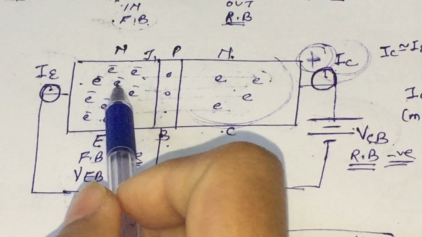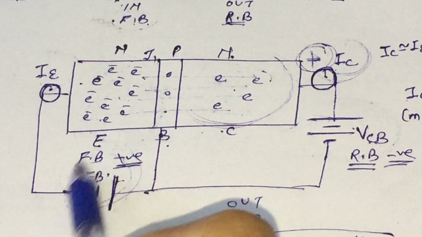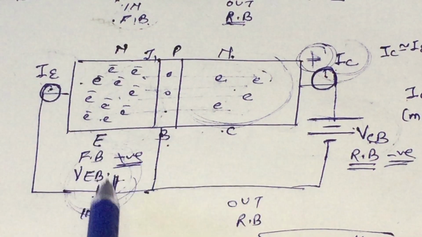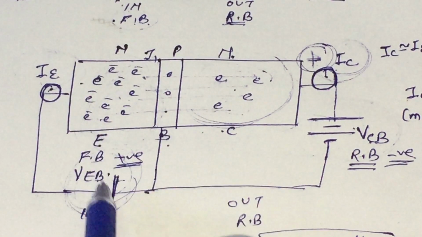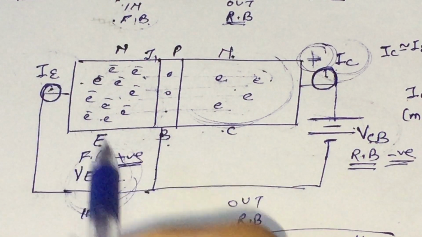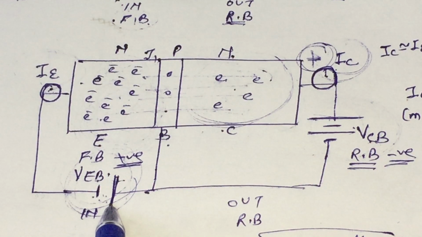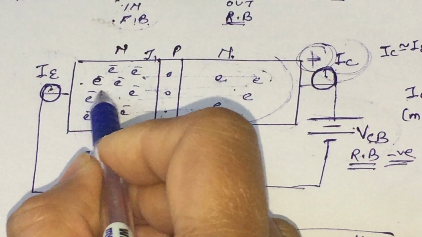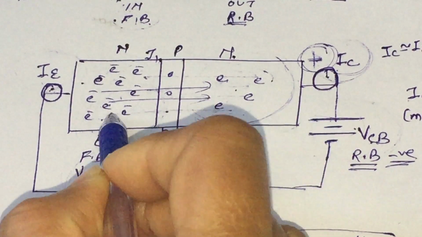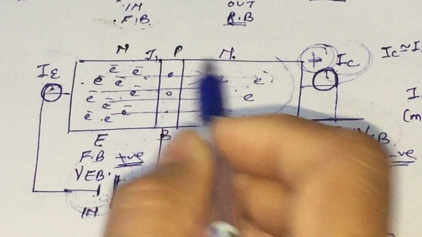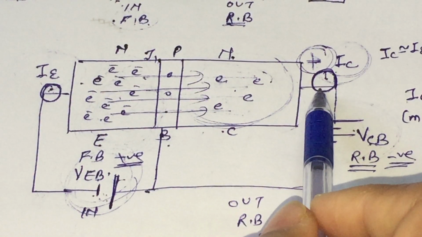Let us consider this as a lot of electrons. We very well know that IE is due to the forward biasing; if IE is there, it means we have given the forward biasing to the input side. These electrons will easily diffuse in the collector region and constitute a collector current.